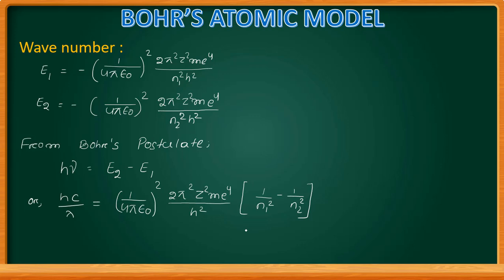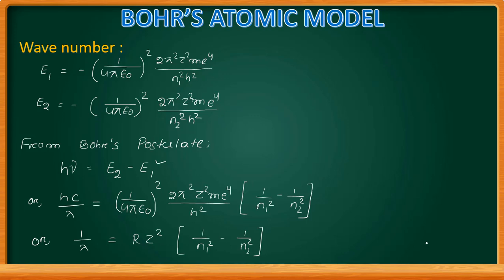From that we can get common 1 by 4 pi epsilon naught whole square, 2 pi square Z square m e power 4 upon h square. So what we got here is 1 by n1 square minus 1 by n2 square. As E1 is negative, negative of E1 becomes positive, so n1 comes first, and then n2. Yes or no? By solving this we get 1 by lambda equals R Z square, 1 by n1 square minus 1 by n2 square.